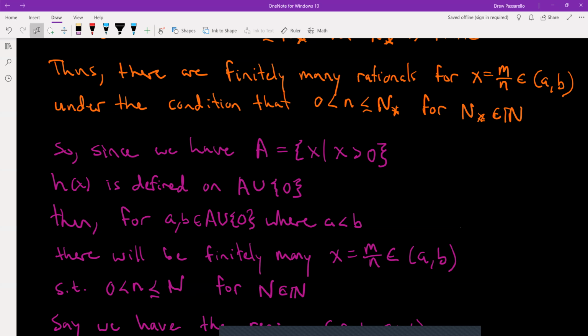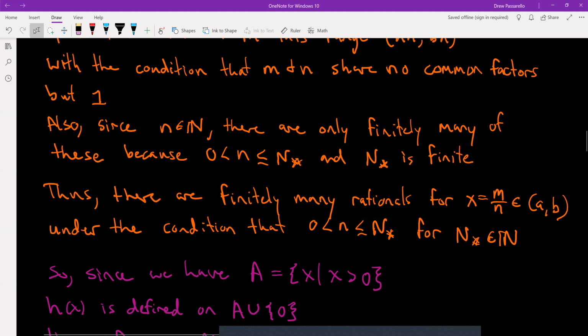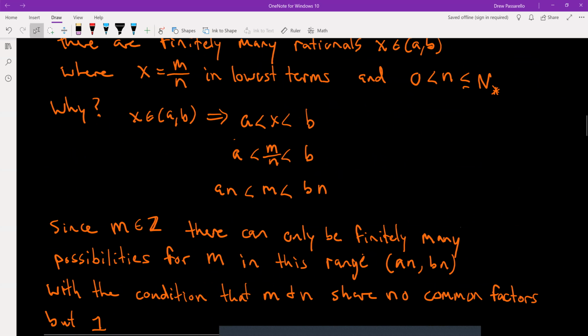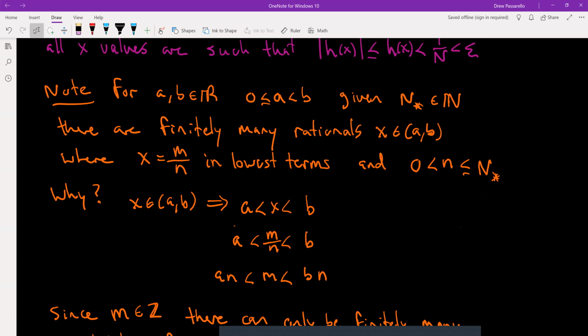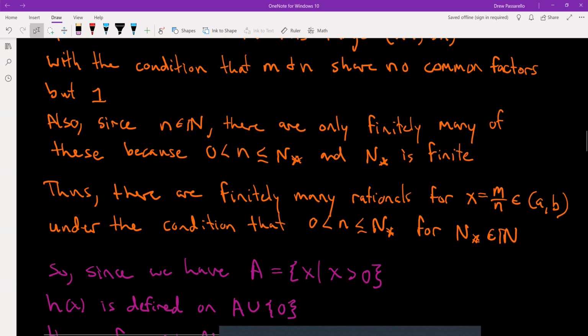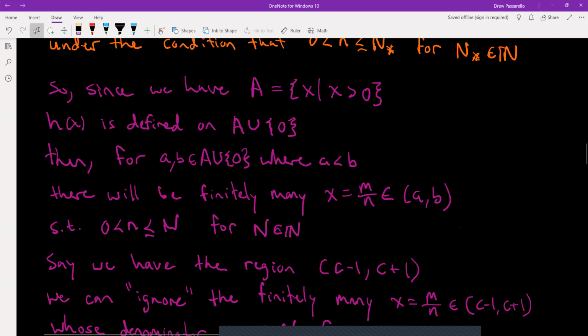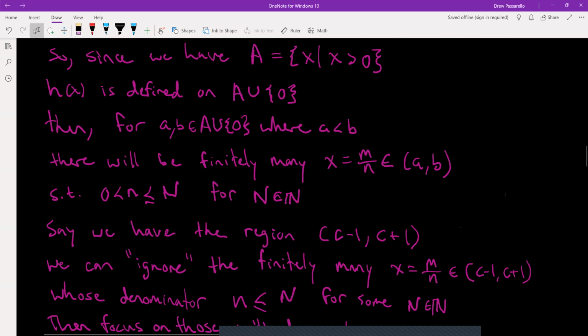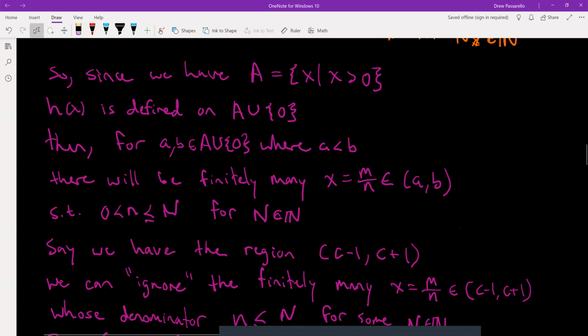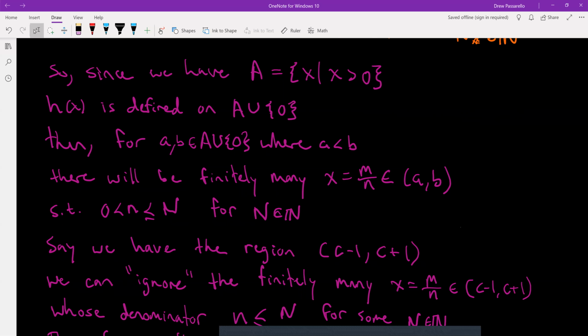All right, and like I said, it was kind of obvious, but I did this orange thing as a justification in case it wasn't obvious. So since that's true for any (a, b), let's focus our attention on some region around c. Say we have the region c minus 1 and c plus 1.